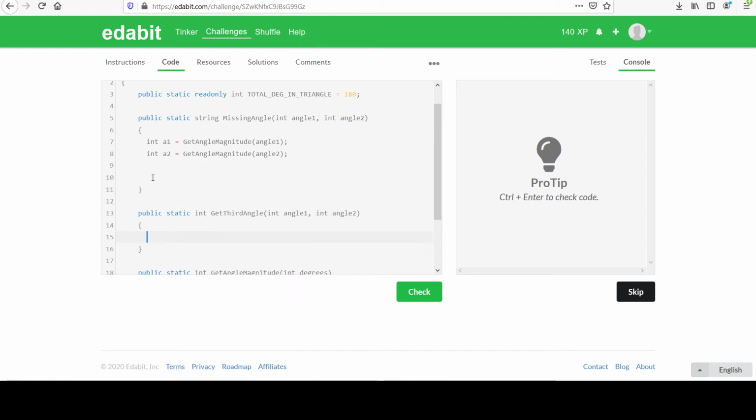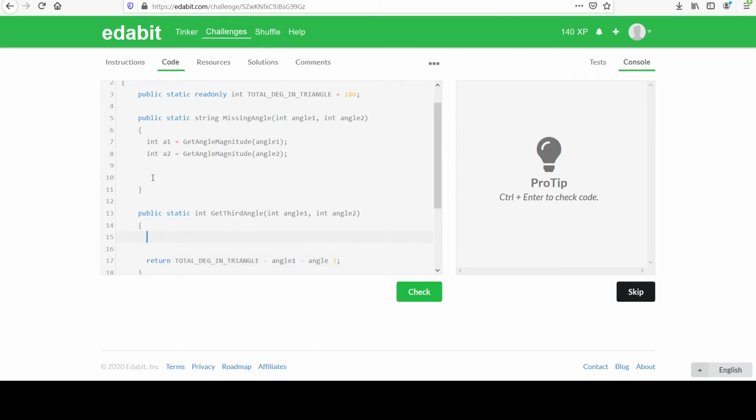So given two angles of a triangle, this will return the remaining angle. To do that, we return our constant that we set up here, minus angle 1 minus angle 2. And that should get it.